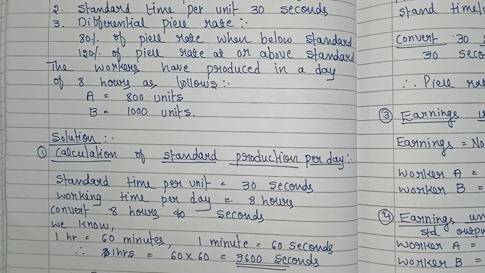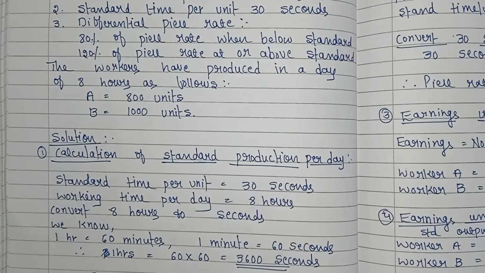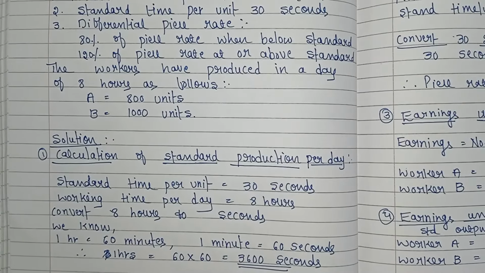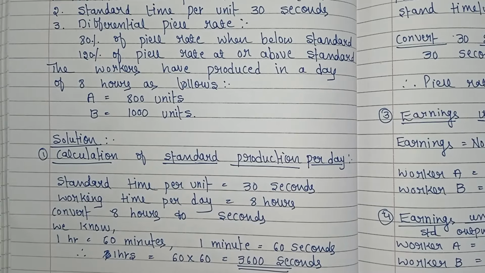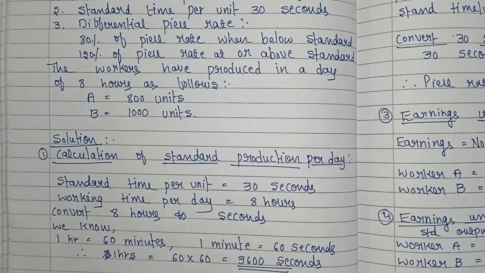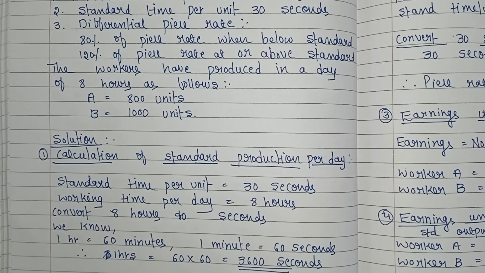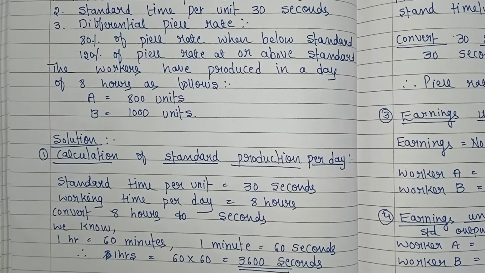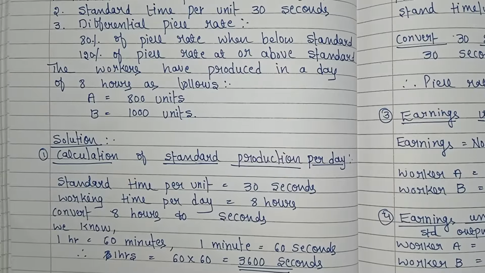So here we need to find how many units can be produced in 8 hours if each unit takes 30 seconds. That is called the standard output per day.